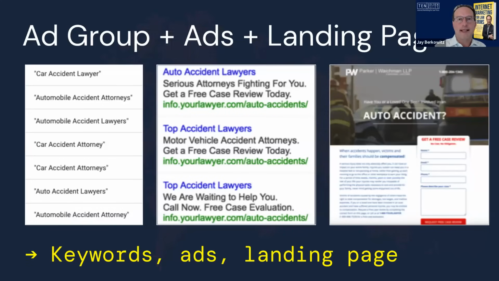Google's going to show your ads less frequently, and your whole overall campaign is not going to perform very well. Because when they do show your auto accident ad to a nursing home search, it's obviously not going to work. And if I click this and it goes to the nursing home page instead of the auto accident page, again, fail, because the consumer is going to be like, well, these guys don't know anything about accidents. They only do nursing homes.